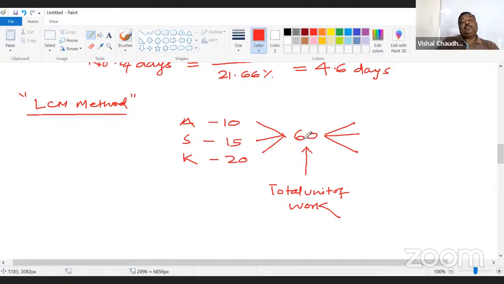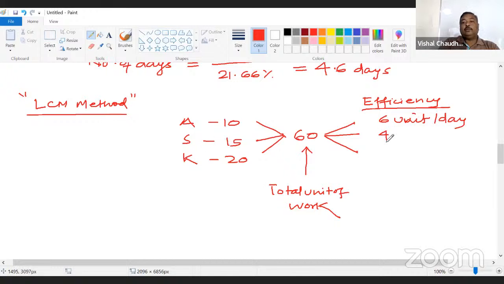So there is 60 units of work and Abhi can do it in 10 days. So that means his efficiency is 6 unit per day. Isn't it? So let me write it in detail here. 6 unit per day.